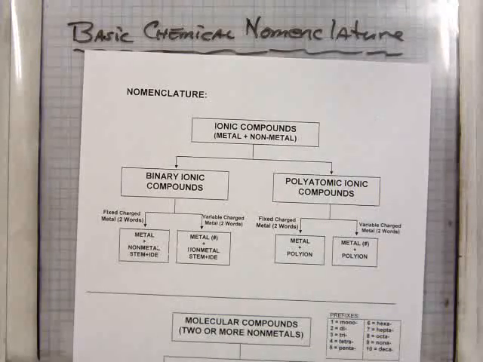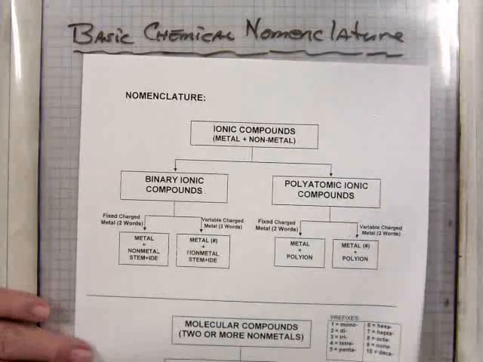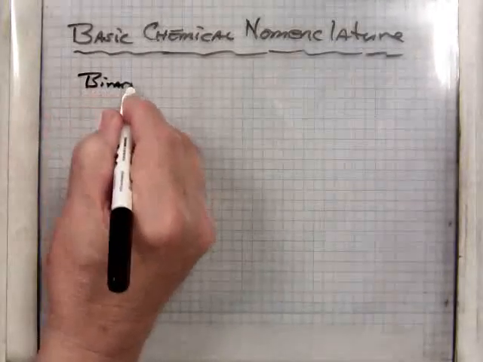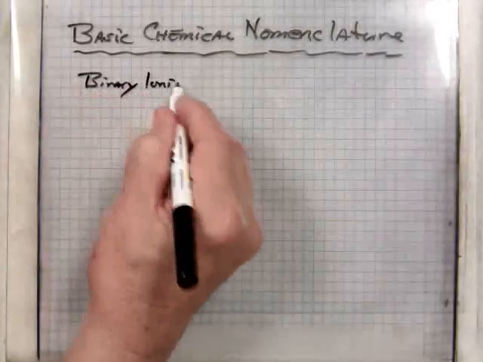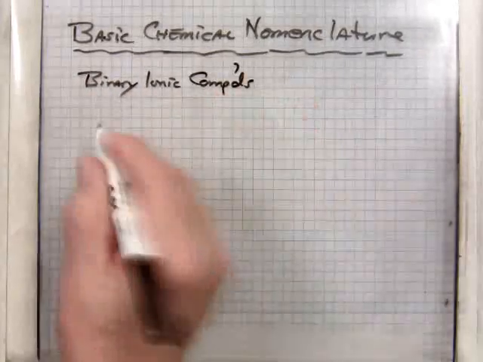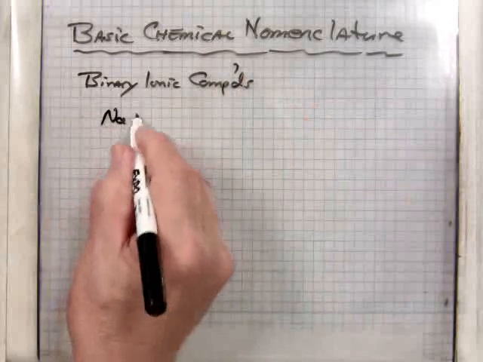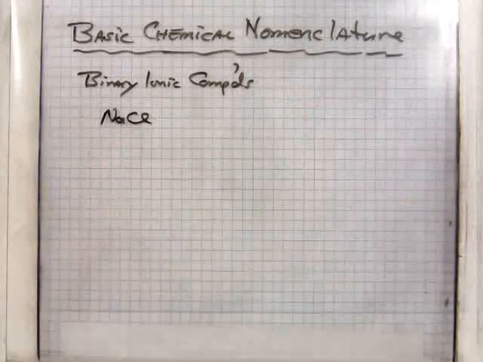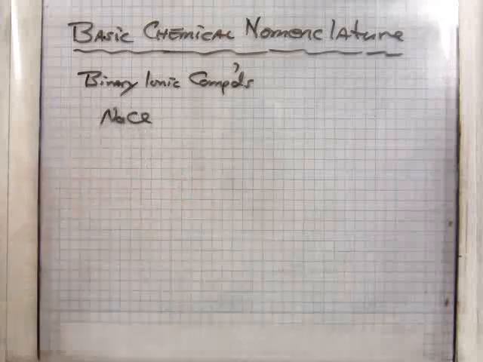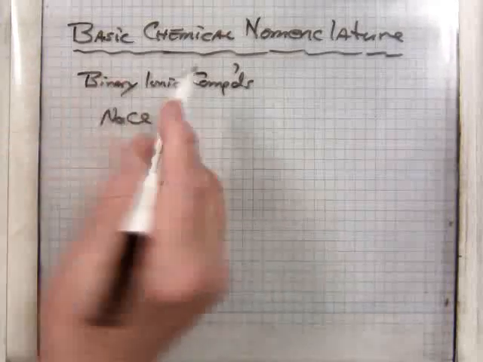I can give you an example. Sodium chloride is a binary ionic compound. Sodium being a metal, chloride on the halogens is, of course, non-metal.